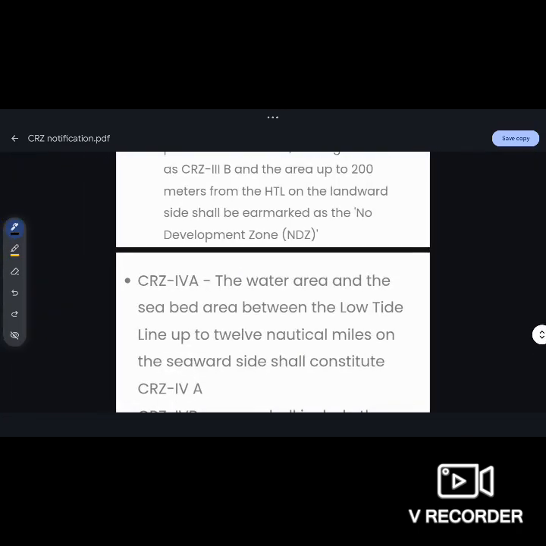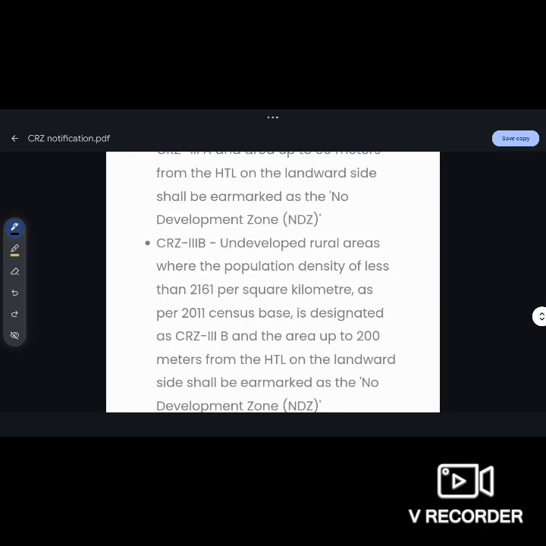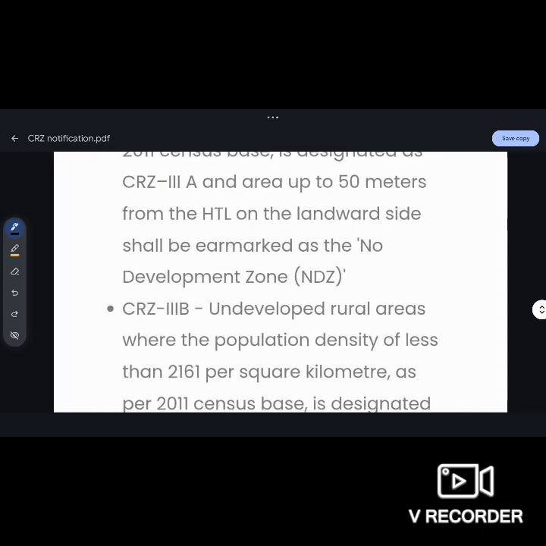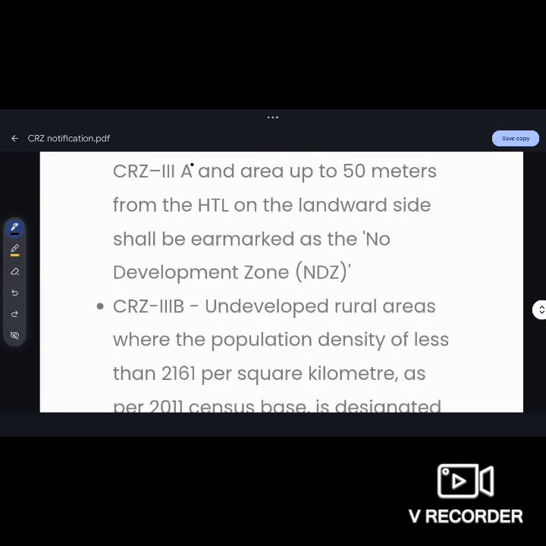Now we will discuss the CRZ third category. There are two subcategories, A and B, in this also. Under CRZ 3, this category is used for those areas which are less inhabited, rural areas, and which share a coastal boundary with the sea.